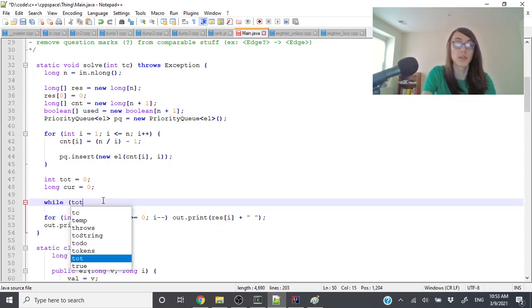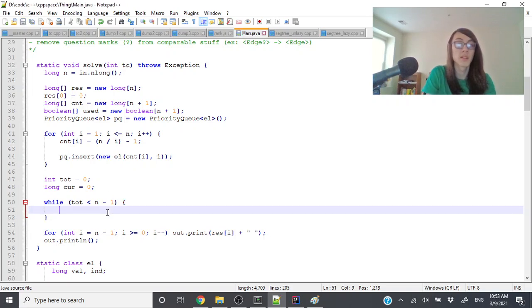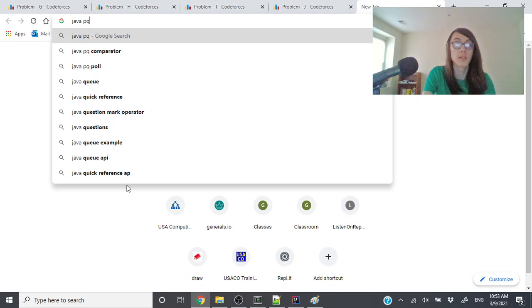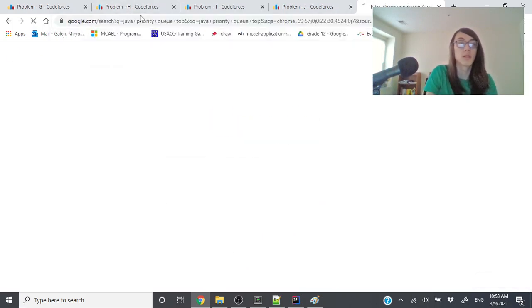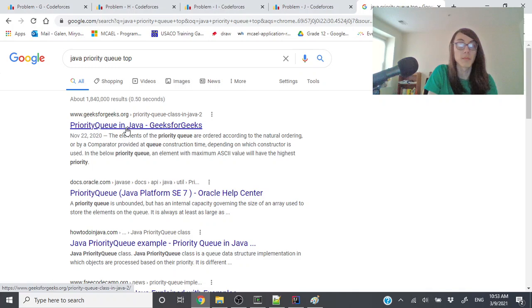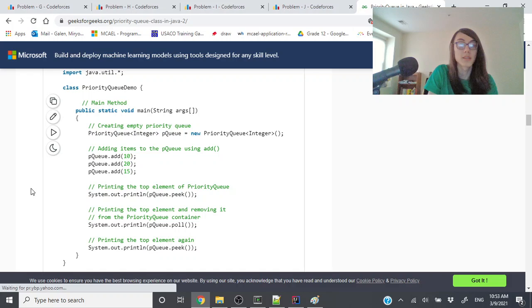So while tote is less than n-1, L x equals pq dot... what's the element? What do we need to do? Just give me the poll. Okay. Poll. All right.